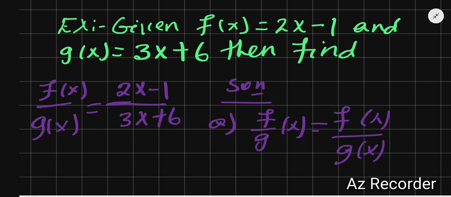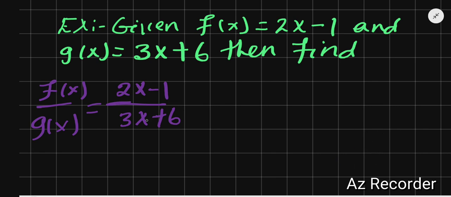Now students, during the quotient of functions, we have said that the value of x that makes the denominator 0 should be out of the domain. Therefore, that is a restriction. Let's take this restriction.